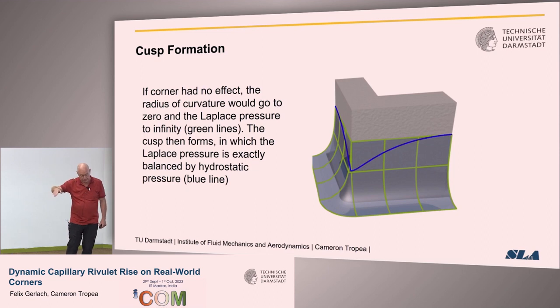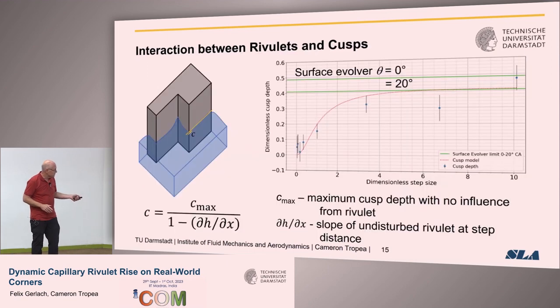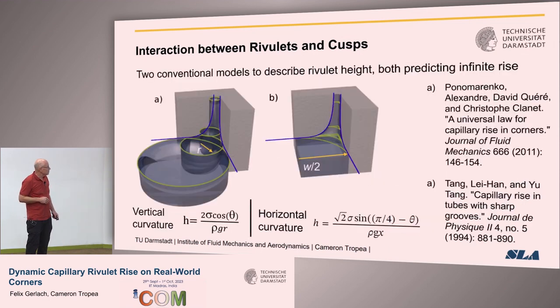We solve then for the rivulet, and we know the curvature of the rivulet at that point, even when it gets closer and closer, the outer and inner corners, and we use that curvature here to adjust then the C max, and this gives us then a rather good agreement with our observations. So very simple, it's just the Laplace pressure balanced with rho gh. Okay, this is not too complicated, it seems to work.